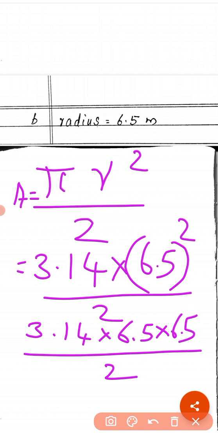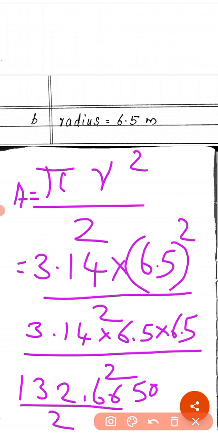3.14 into 6.5 into 6.5 is equal to 132.6650, divided by 2.